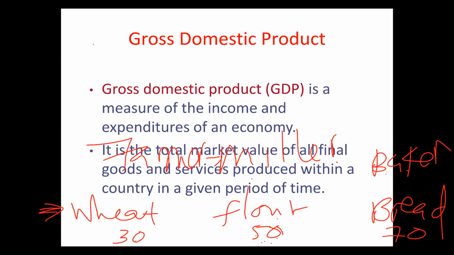So bread will be the final good, but flour is not a final good. It is an intermediate good because flour can be used to produce something else. So the flour is not counted in the calculations of the GDP. Is that fair?